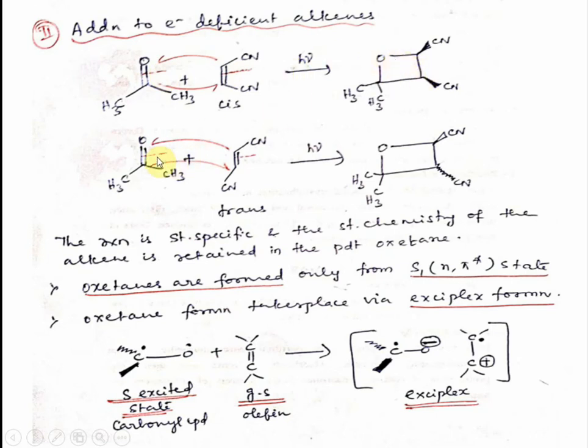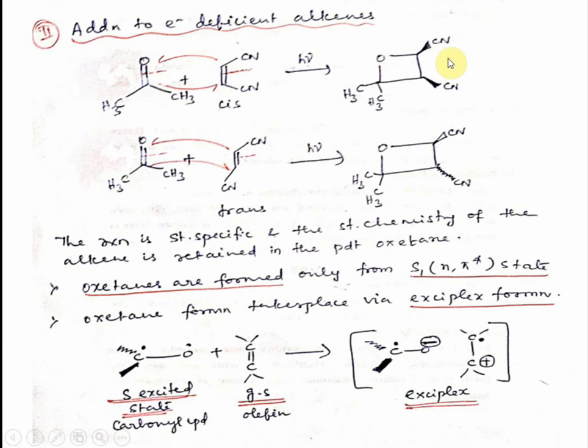In trans also similarly, the C=O bond will get cleaved first, so we will get C dot, O dot. This carbon-carbon bond will get cleaved homolytically, so we get C dot, C dot. Direct addition in presence of light, we will have oxetane. See here, the cis cyanide configuration is retained in oxetane also.